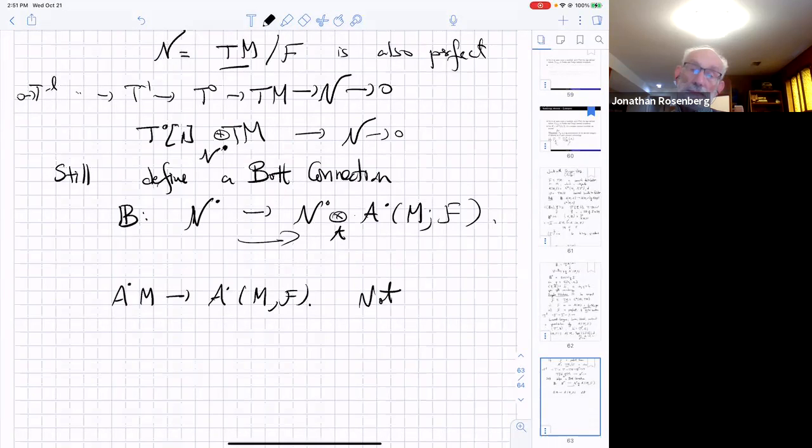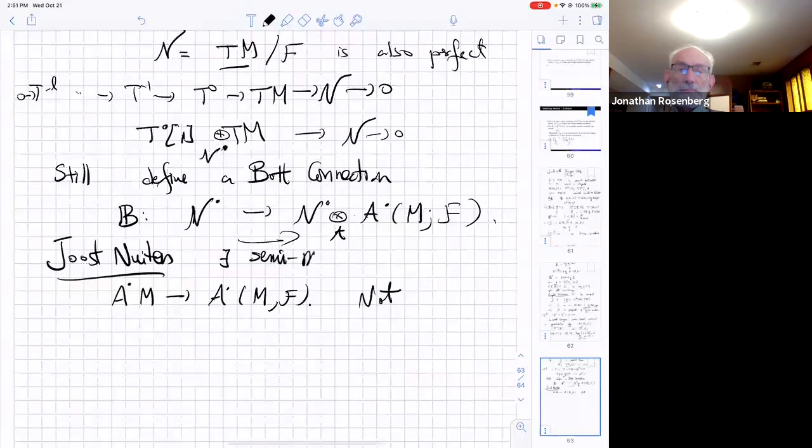Newton showed that there exists a semi-model structure on infinity Lie algebroids.